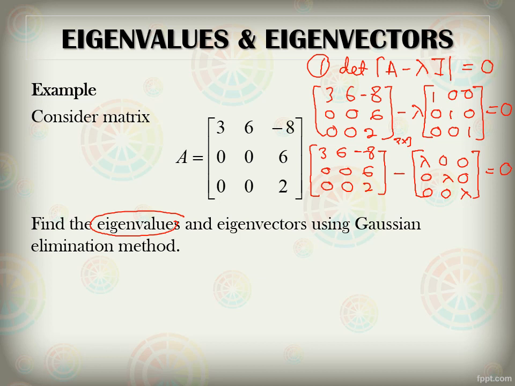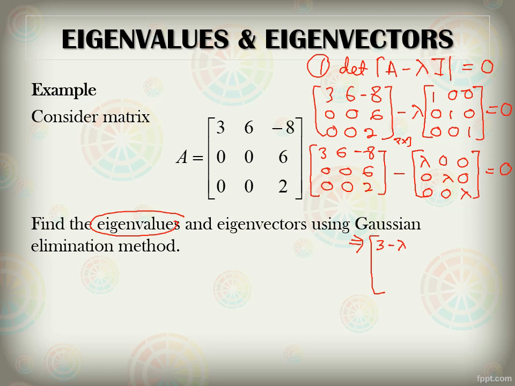So each element here, you subtract the corresponding element of the lambda I here. Finally, you will have 3 minus lambda. See? 3 minus lambda.